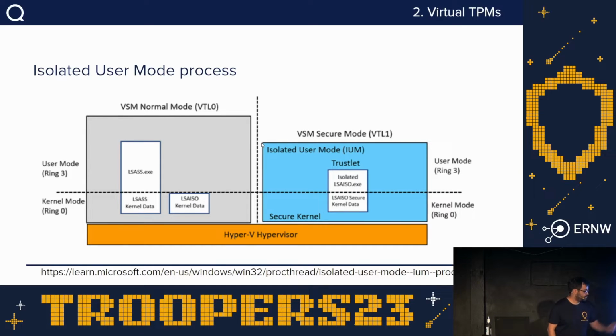On the right, we have the secure mode. On the bottom, we have the secure kernel, and on the top, the isolated user mode processes. There we can see the LSAISO process, but you can just replace that name with the virtual TPM, and that's exactly the model of how it runs on Hyper-V.